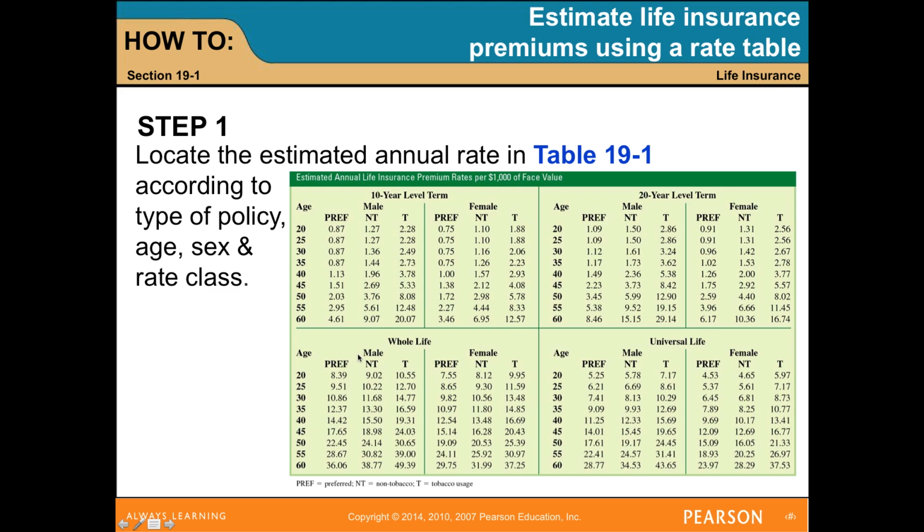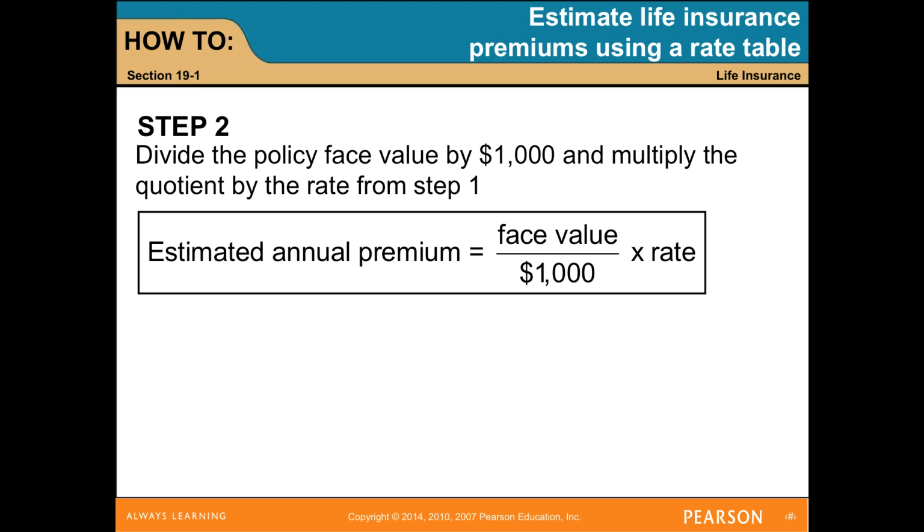This is just for you to see the difference between the different types of insurance: 10-year level term, 20-year whole life, universal life. And mind the key down here. PRAFI means preferred, NT means non-tobacco, so that means you're a smoker or a non-smoker, and that matters for the insurance companies because it's been proven that tobacco usage contributes to a shorter life, diseases, and whatnot.